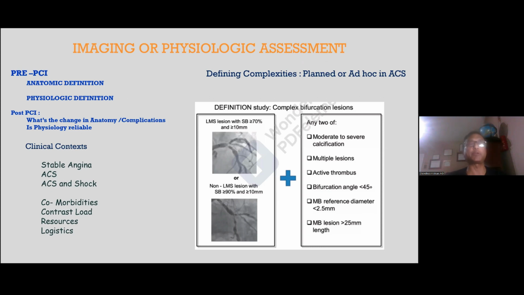So pre- and post-procedure, we need some kind of anatomic definition of stenosis, the physiologic assessment of ischemia, and also, as we are learning more and more, we need to assess the plaque composition and have an idea about the natural history of the lesion. But I would request you, and probably request Dr. Narula, to also add where the lesion is.